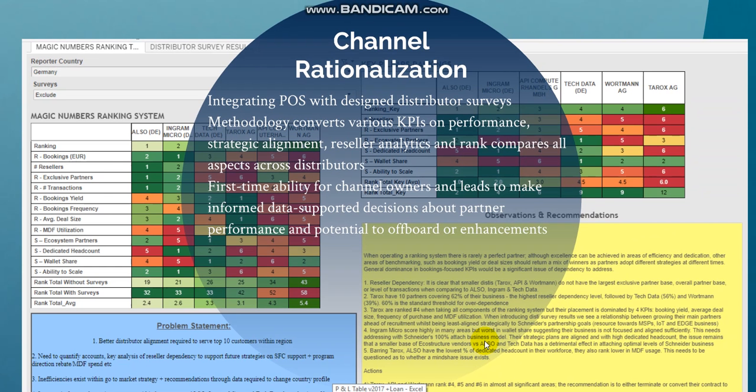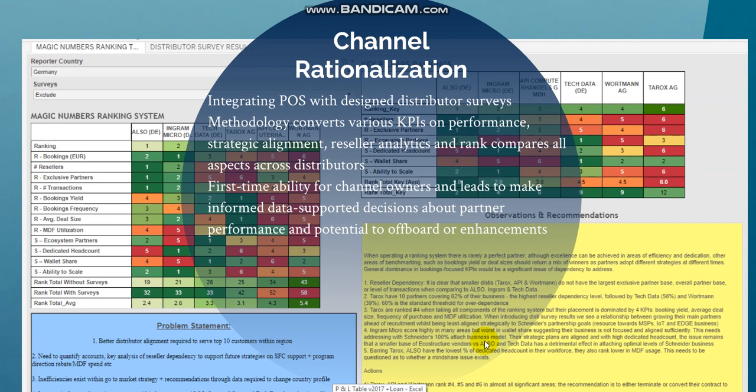The thing with channel rationalization or distribution optimization is that it's actually a benchmarking tool. For many people this is the first time they see a tool like this, it gives you the opportunity to actually compare your distributors versus each other.